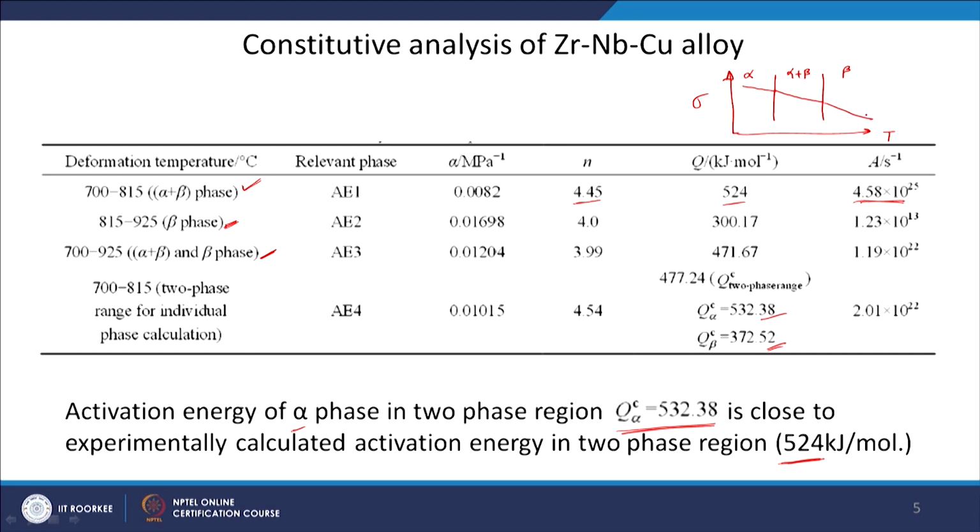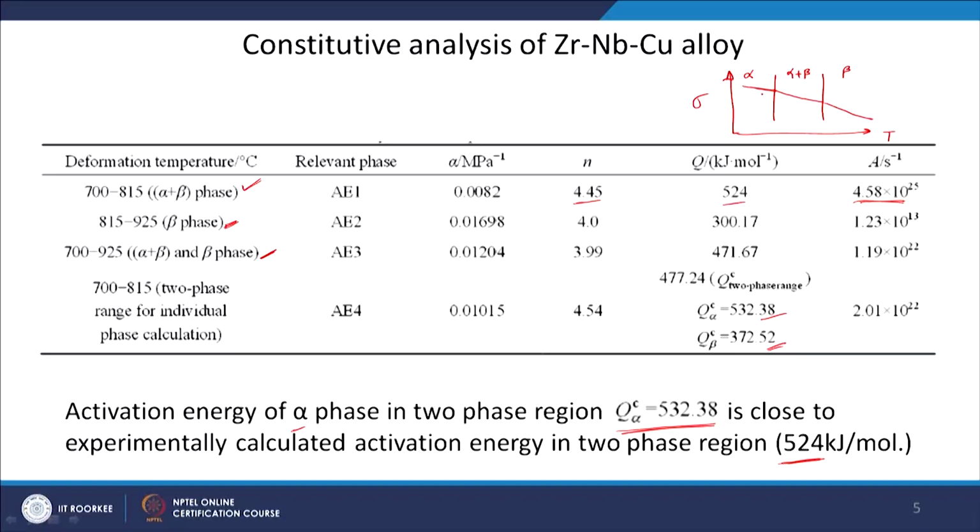What we were trying to do is we extrapolated the flow stress of alpha, which we were calculating in the lower temperature range, into the two phase region. And to do that we used a simple logarithmic dependence of stress on the temperature, which you can easily get, that is how the flow stress is dependent on temperature, and there is a logarithmic dependence.